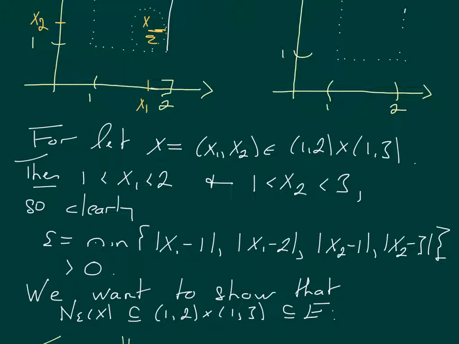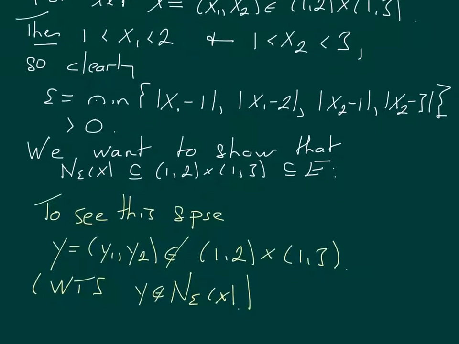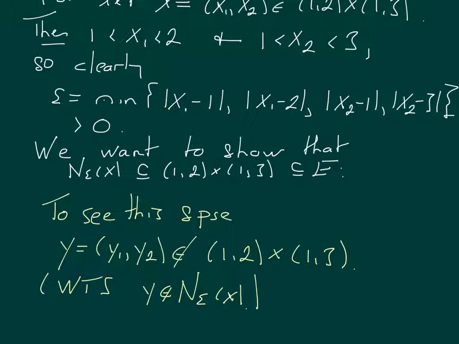All right, so what do we want to do? We want to show that this epsilon is going to work. In other words, we want to show that the epsilon neighborhood about x, with epsilon as chosen here, is contained in the open (1, 2) cross (1, 3), and that, of course, is contained in our set E.